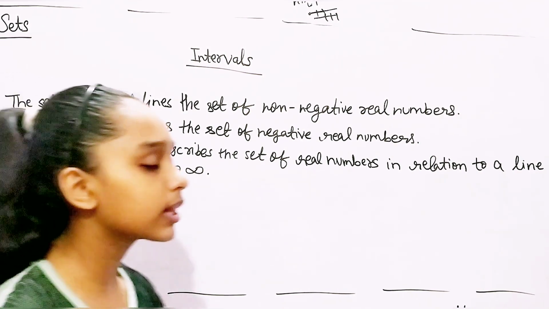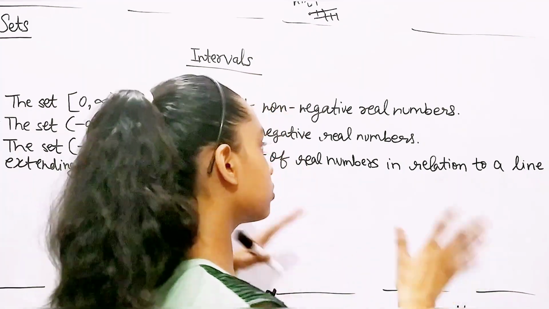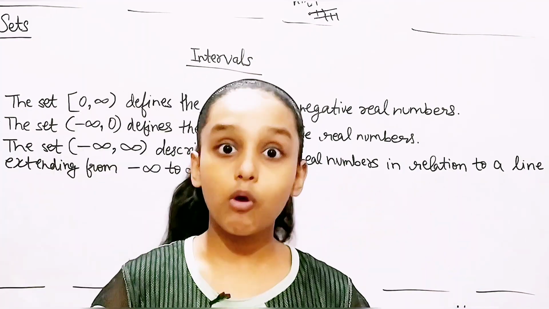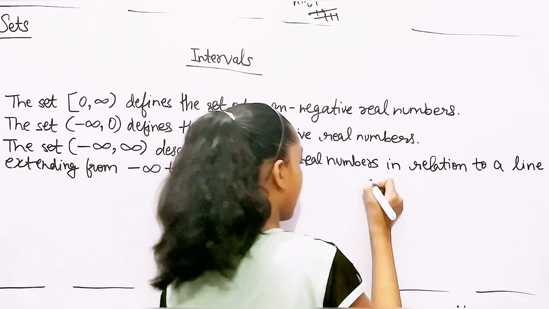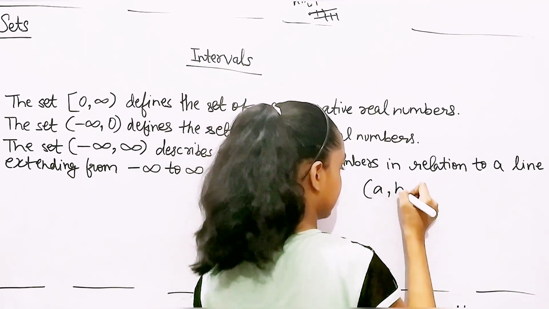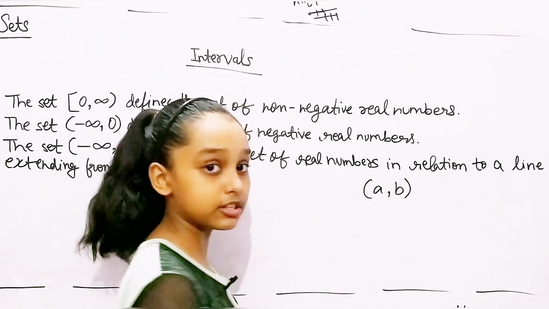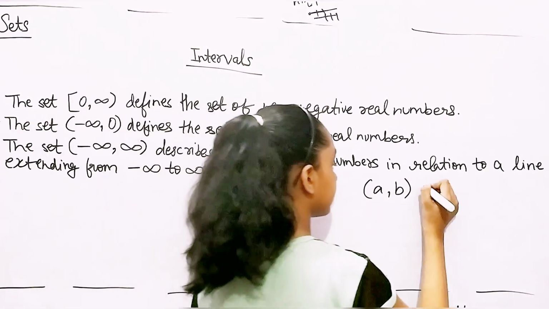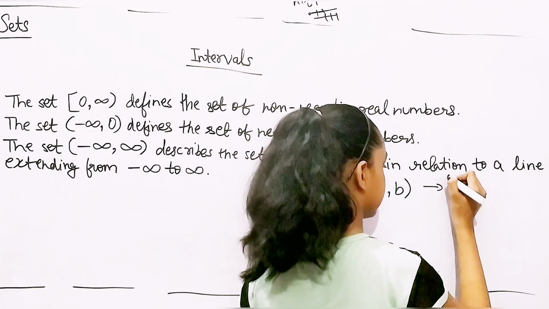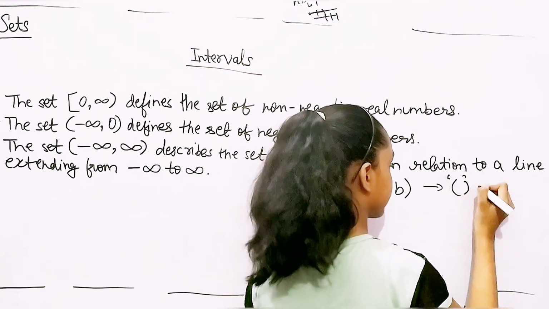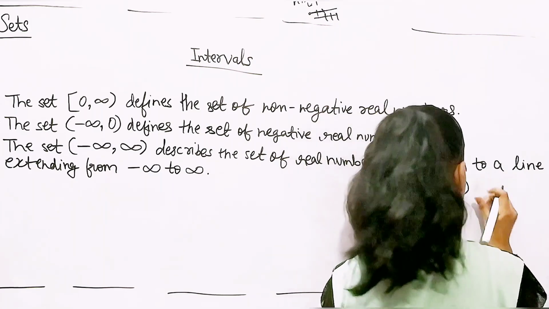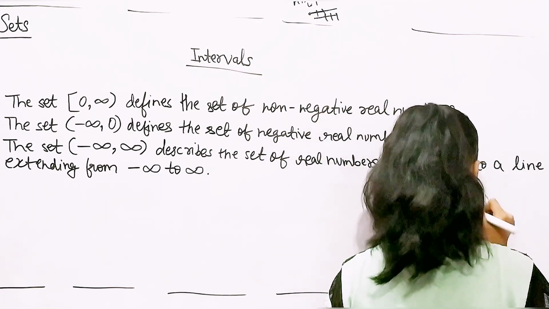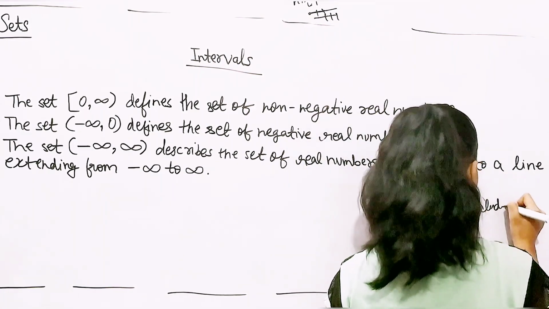Let me tell you one thing before moving on to these points. In the open interval, like we had A and B, I told you that these brackets are going to exclude the endpoints.